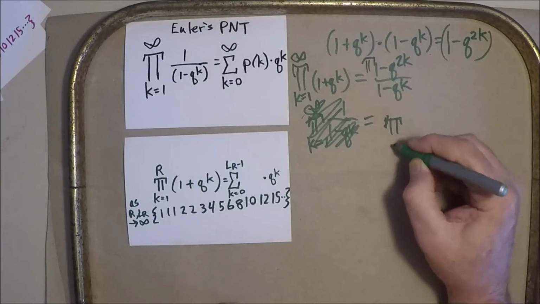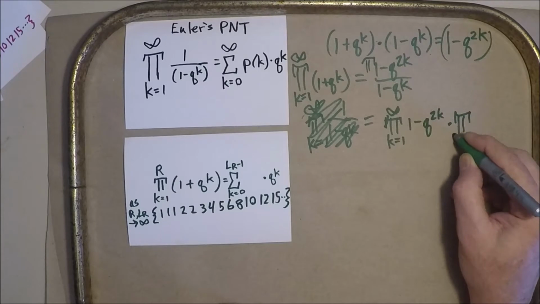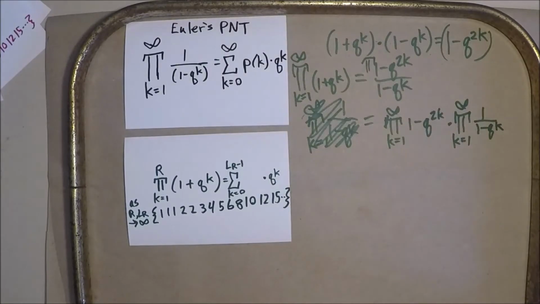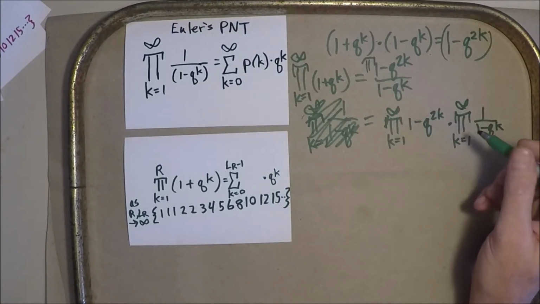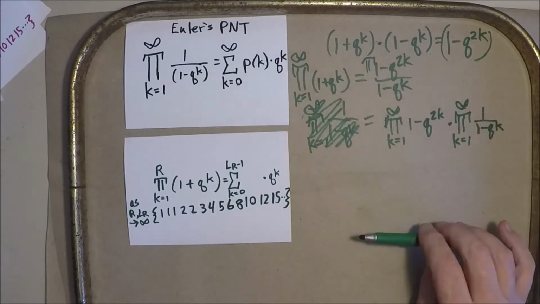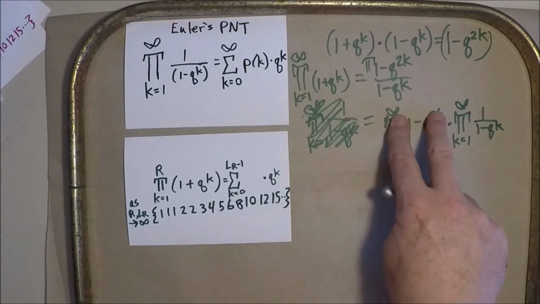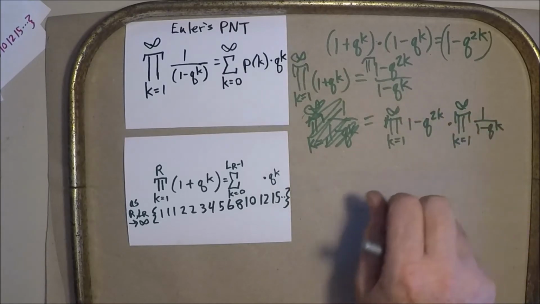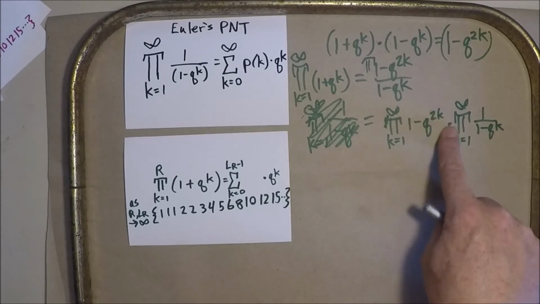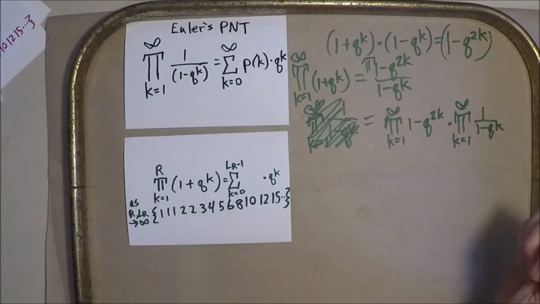That can be written as the product over k equals 1 to infinity of 1 minus q to the 2k, times the product over k equals 1 to infinity of 1 over 1 minus q to the k. And now is when we can apply the second step of the second trick, which is to split one or more of these into two factors based on assigning the exponents of q into subsets.